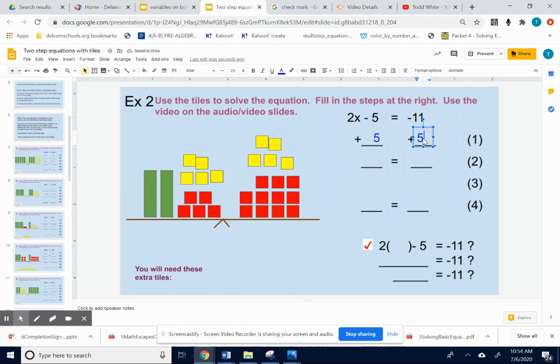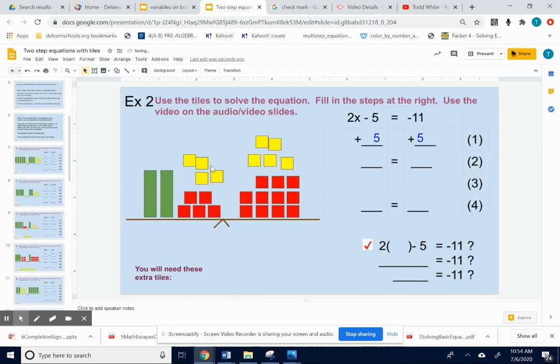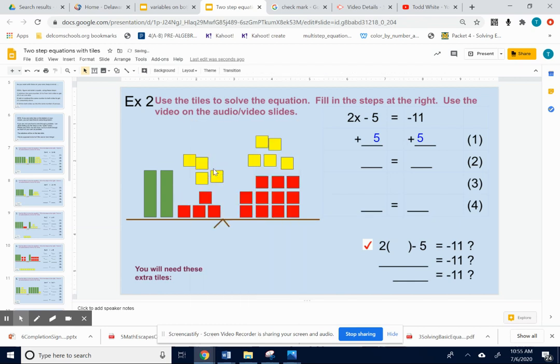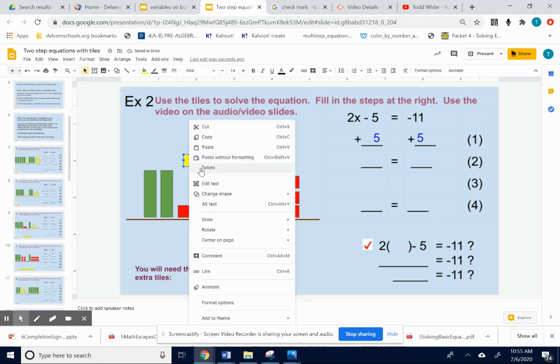Okay, let's clean things up. Before we do row 2, before we write down what we have left, let's clean it up. We said that we added 5 yellows to get rid of the 5 reds, because this yellow and this red cancel. Every positive, negative pair cancels. So I'm just going to double tap on them and delete.